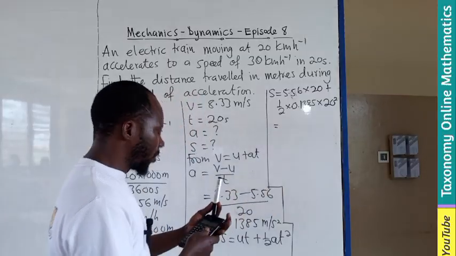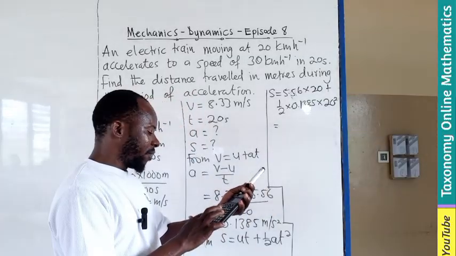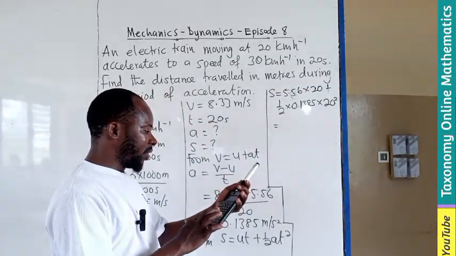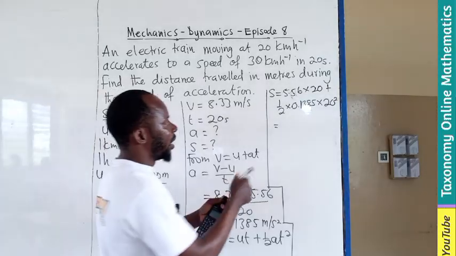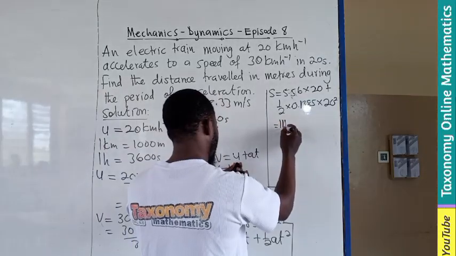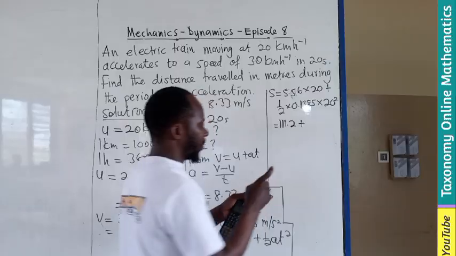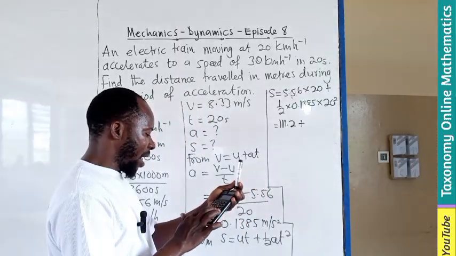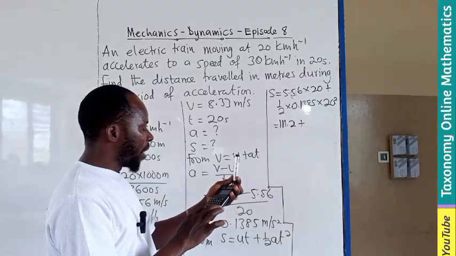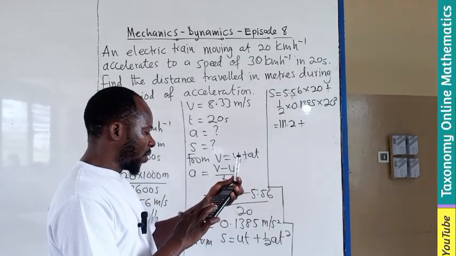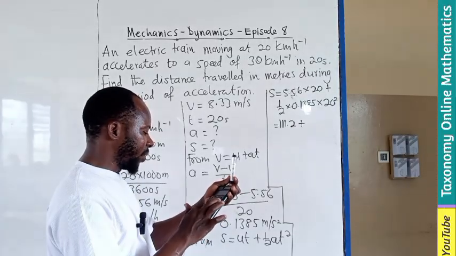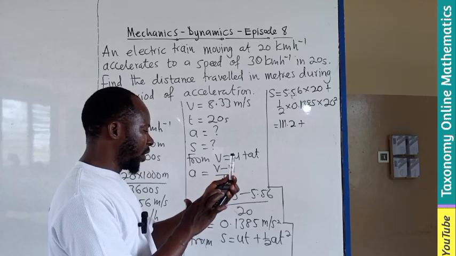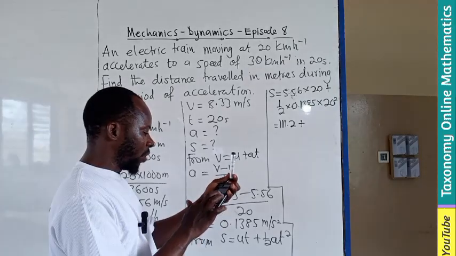Let's put this down step by step and see. 5.6 times 20 will give you the first one, 112, plus let's put the second one all together as a half multiplying 0.1385 times 20 squared.